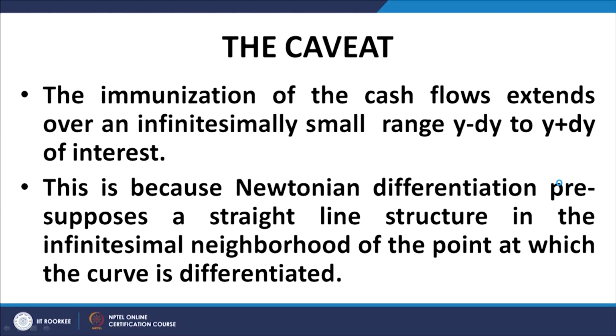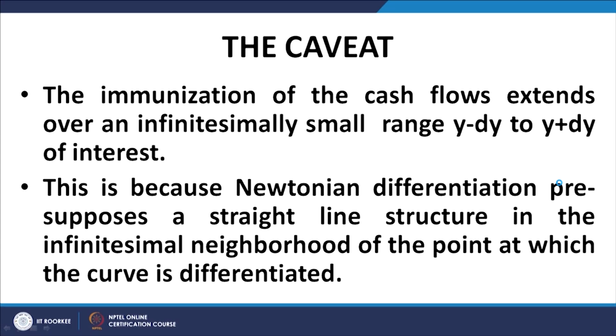The independence of total cash flows around the value at which they have been calculated, y0, holds only if delta y is very small, very insignificant, and if delta y is large, the curvature effect will come into play and the immunization will break down. This is because Newtonian differentiation presupposes a straight line structure in the infinitesimal neighborhood of the point.